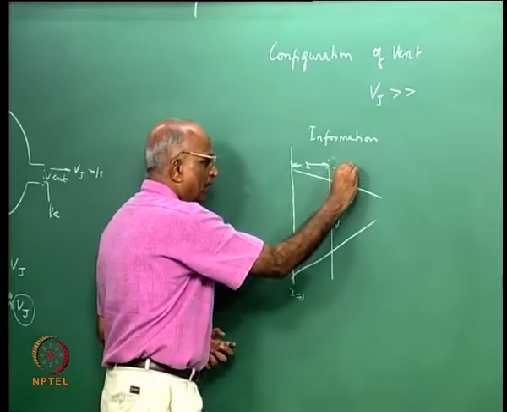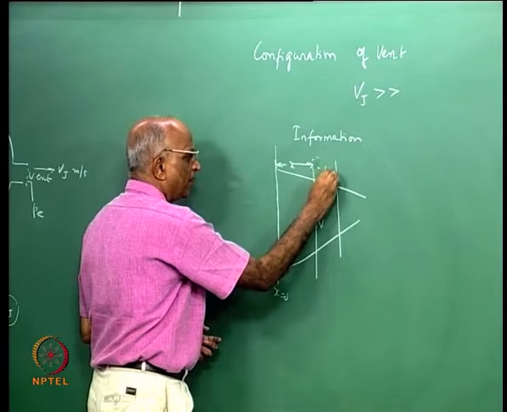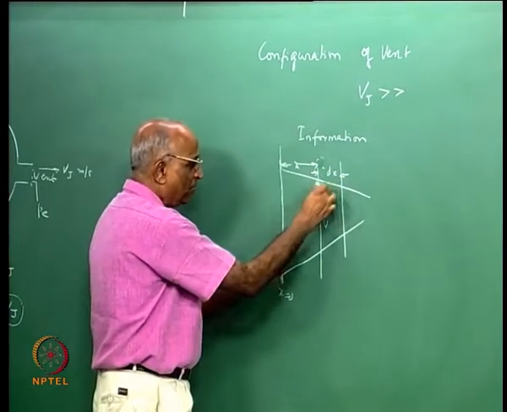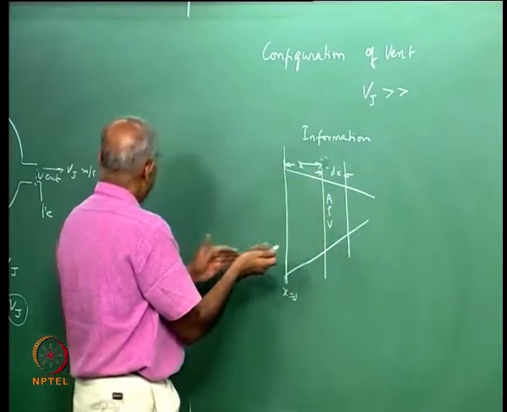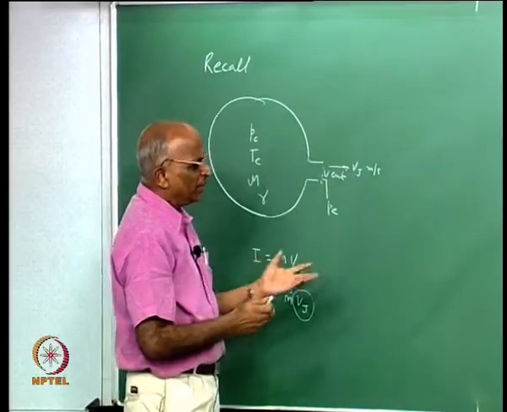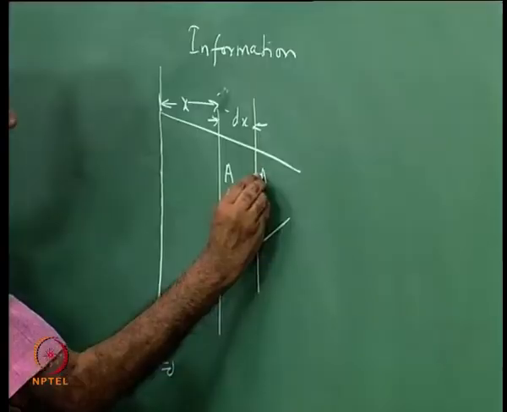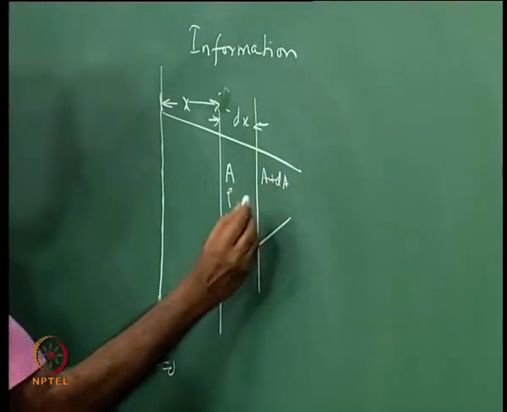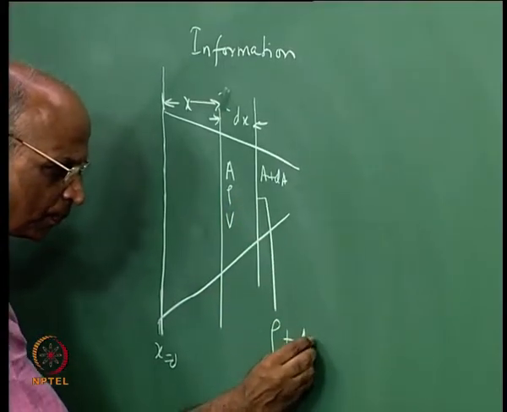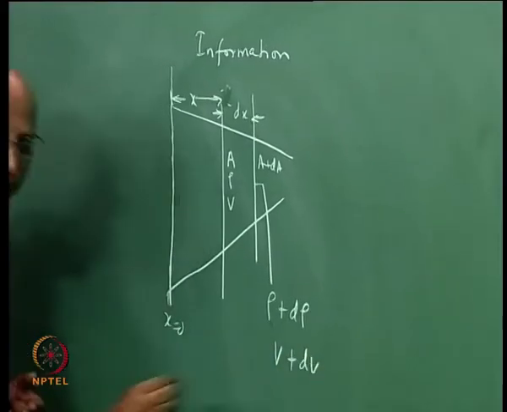Let us consider the variation in the properties at a distance x plus dx. The area is different from A because I want to find out the configuration of this particular vent which gives me the maximum Vj. Therefore, to derive that, I say let the area at dx be A plus dA, let the density at this section be rho plus d rho, and the velocity at this section be v plus dv.